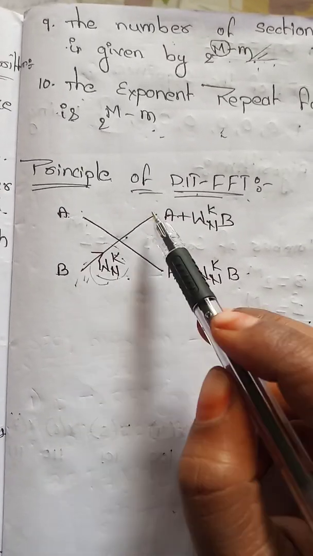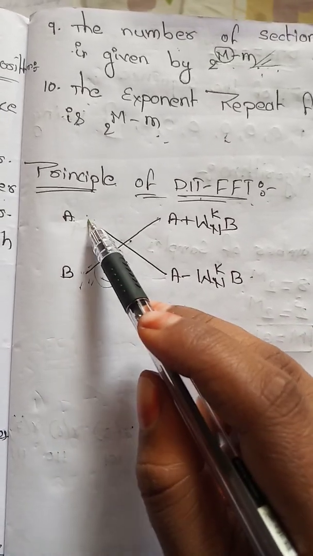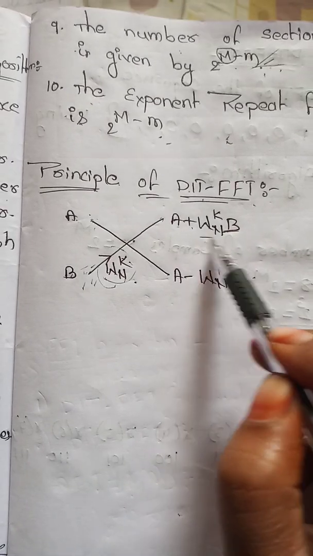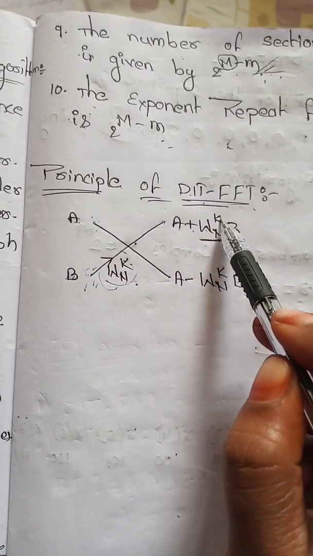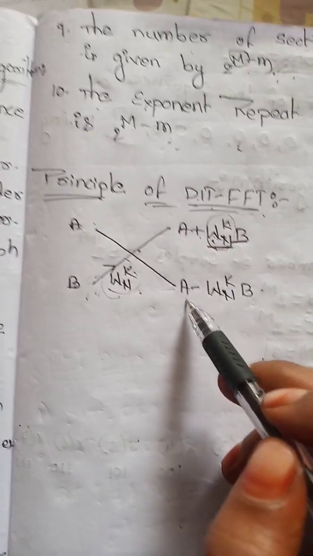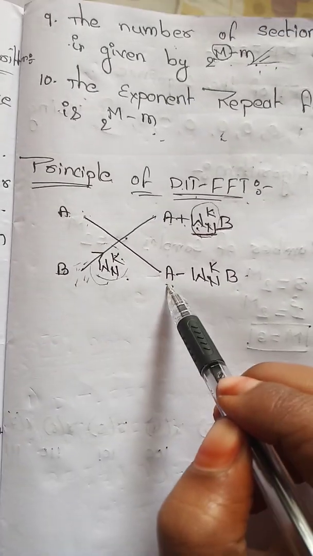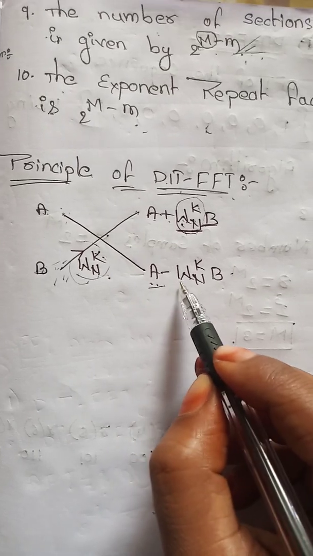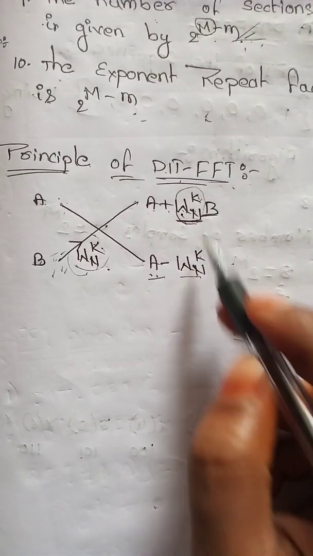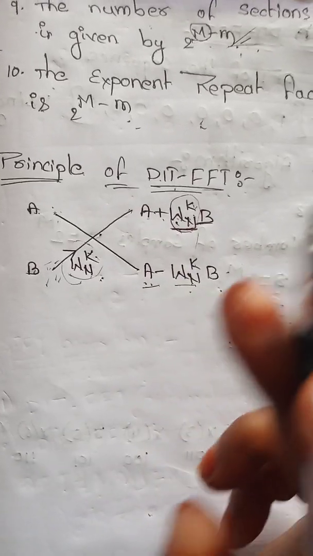We can add these two inputs, A plus B into W N of k, where W N of k is the twiddle factor, and at the same time the output A minus W N of k into B. These two are the outputs for each butterfly.